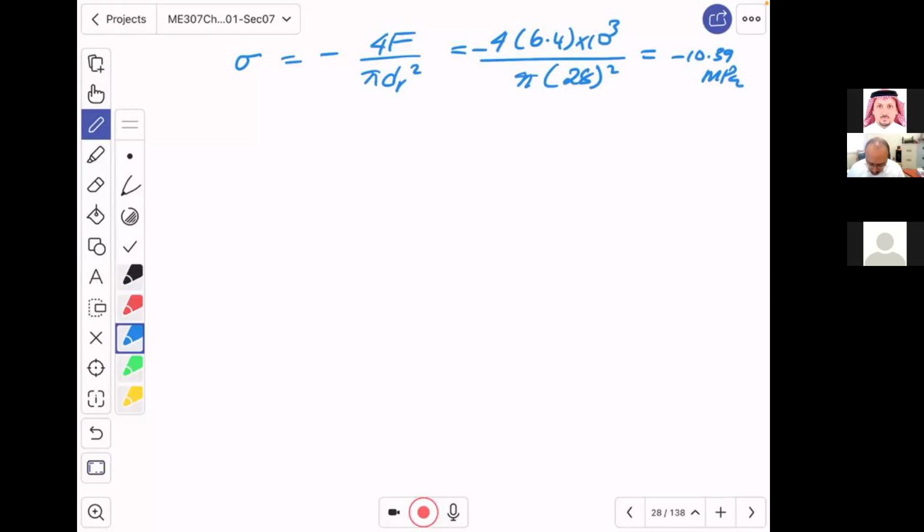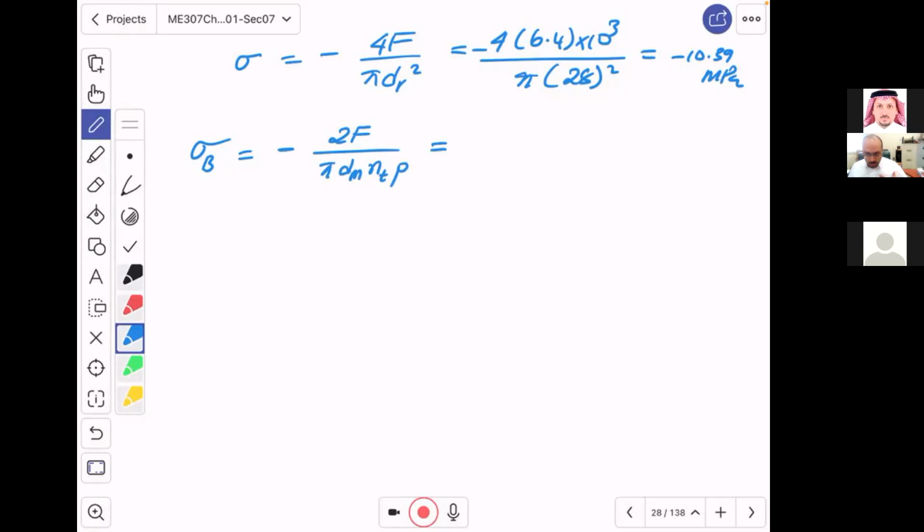The next, we were asked to find the bearing stress. Now, the bearing stress equation, if you remember, let me bring the equation in front of me. The bearing stress is minus 2F divided by pi multiplied by dm multiplied by nt multiplied by p. Now, what did we say when we discussed the load carried by the thread?